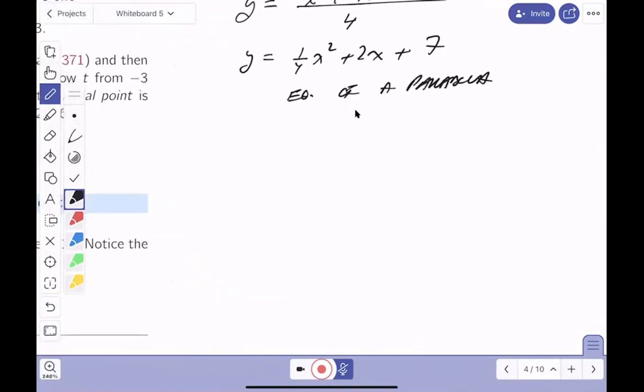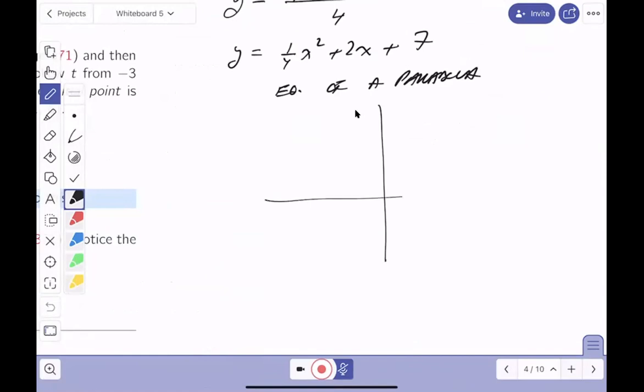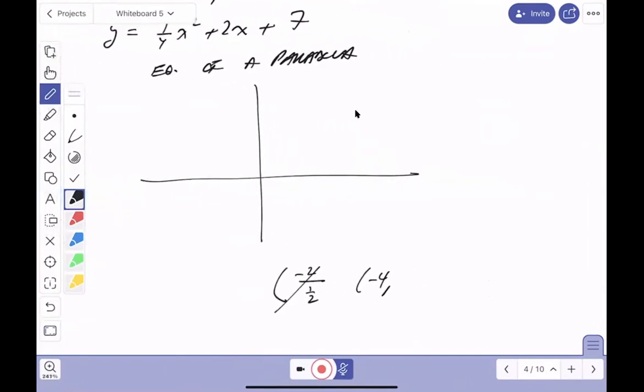Let me graph it out for you. By the way, I'm not saying my graphs are good. Don't think that for a second. So let me get the vertex. Okay, so minus b, that's minus 2, over twice the a, that's a half. So that's going to be minus 4. I'm getting the vertex down first.